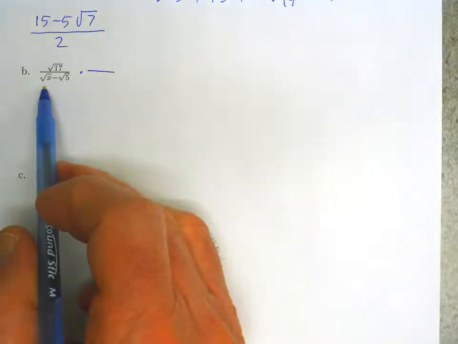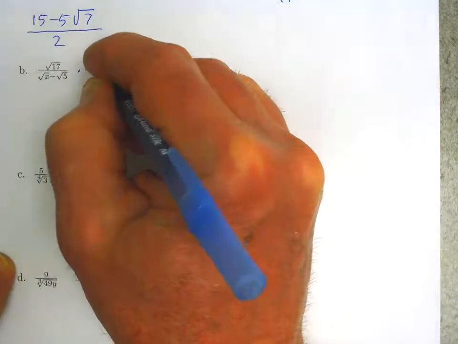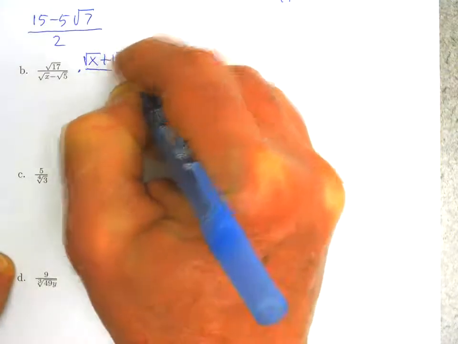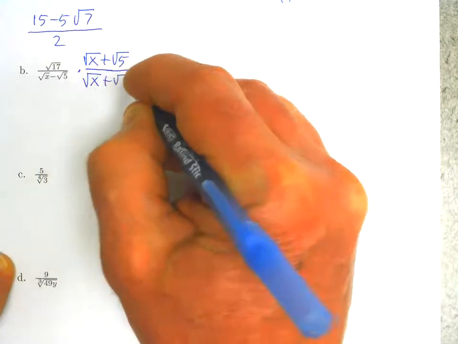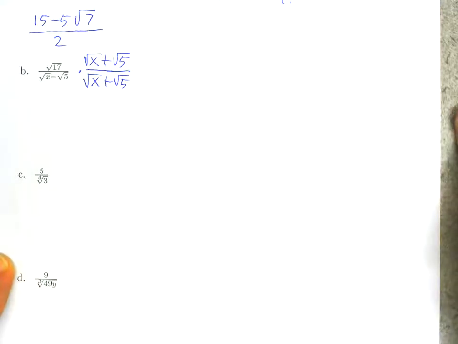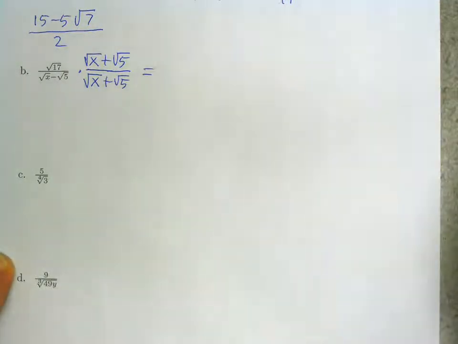The conjugate of the square root of x minus the square root of 5 is the square root of x plus the square root of 5. We multiply both the numerator and denominator by that, the square root of x plus the square root of 5. We're just multiplying by 1, but this will enable us to eliminate the square roots in the denominator.